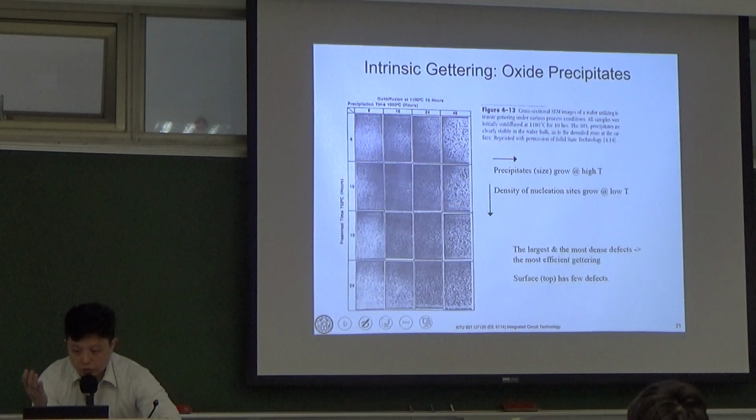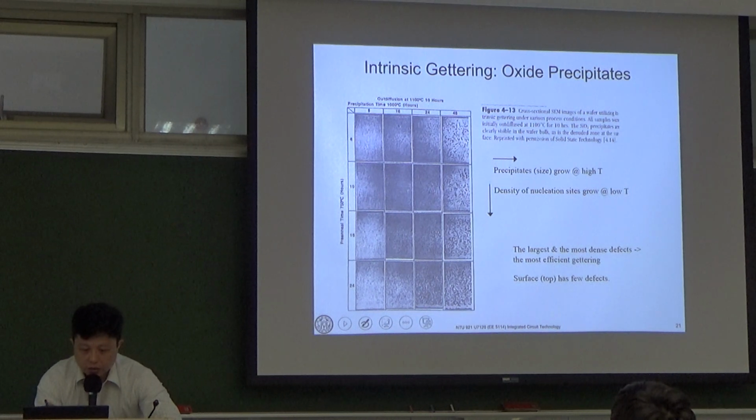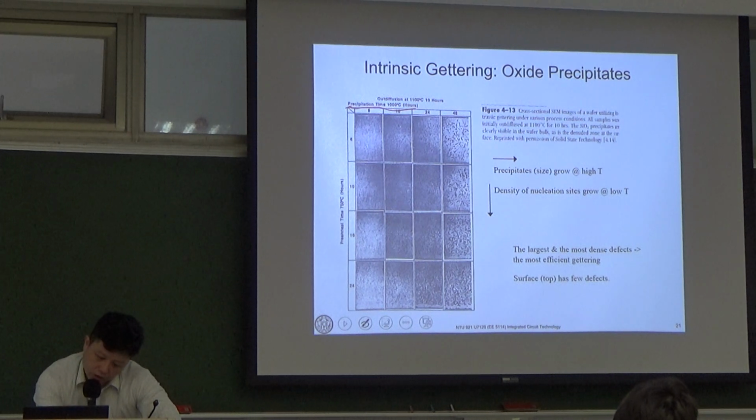Okay, and we can do some experiments. Either we change the out-diffusion time, or we change the precipitation time from 8 to 48 hours. And also this is the pre-anneal time, different times.